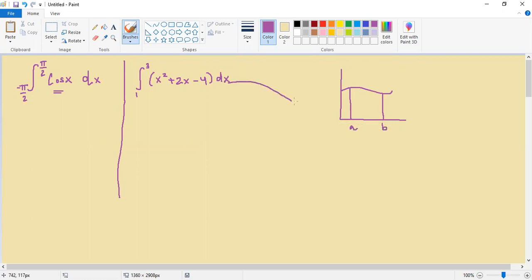In this particular case, we could imagine the interval as being 1 to 3, where 1 is the lower bound and 3 is the upper bound. So the definite integral is essentially finding the area under the curve of a specific, defined interval, as opposed to indefinite integrals.